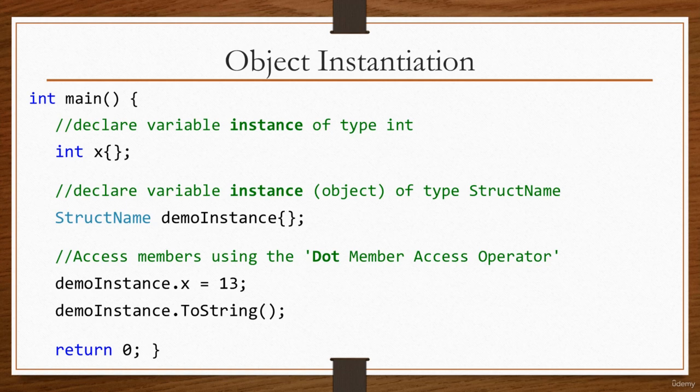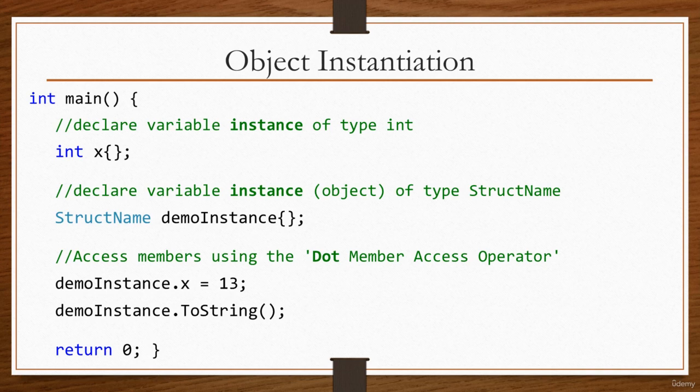Those are the fundamental types, float, double, and so on. Now we can also declare variable instances of our custom user-defined types. Let's say we have a user-defined type called struct name or class name. Then we specify that type just like you would int, float, and so on, followed by the name, in this case demo instance, just like you would specify an identifier or a name for variables of the fundamental types.